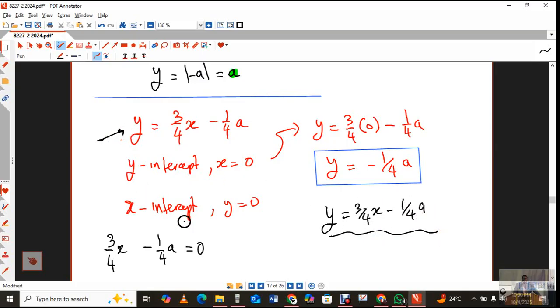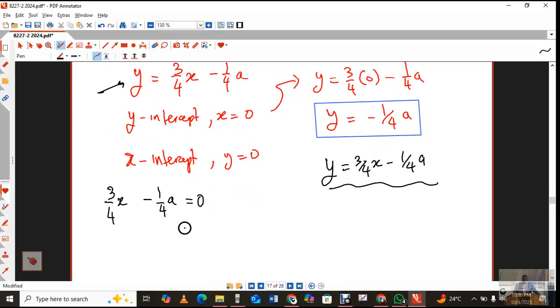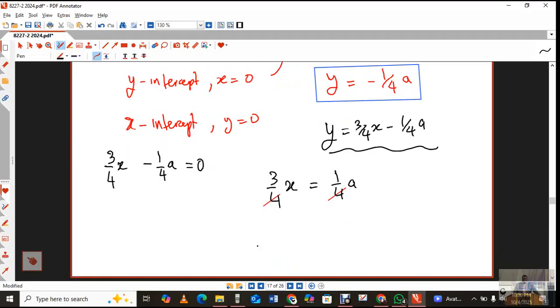Which is over there. Right, so if we make y 0, that means from here I can have 3 over 4x equals 1 over 4a. I can actually go ahead and drop the 4's, and then I have got 3x equals a, then x is equal to 1 over 3a, which is more or less what I know.